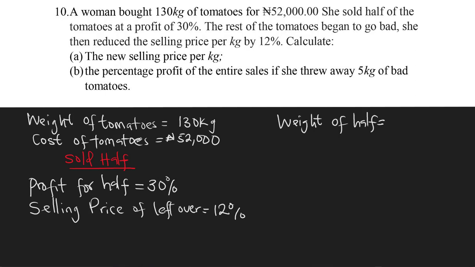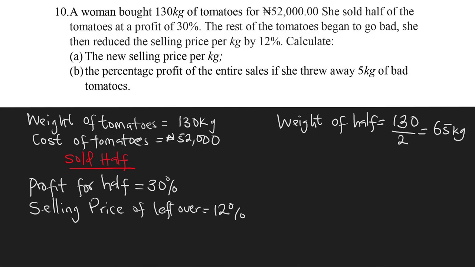So the weight of the half is 130 kg divided by 2, and 130 divided by 2 is 65 kg. So this is the weight of half of the tomatoes.